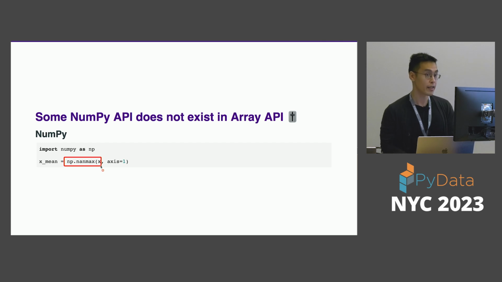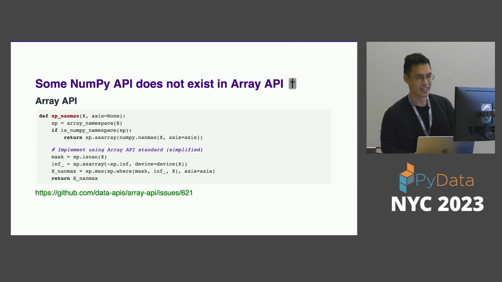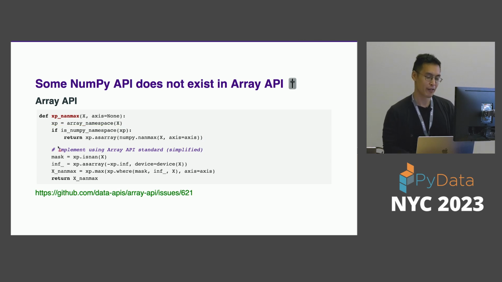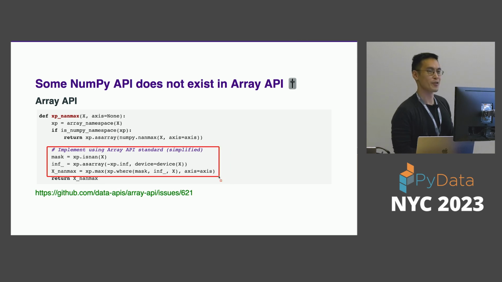This does not exist in Array API, and the way we worked around this in scikit-learn is that we define our own based on the Array API spec. If it's a NumPy array, we just call NumPy. If it's an Array API standard array, we define our own based on the standard, and that's what we have to do.